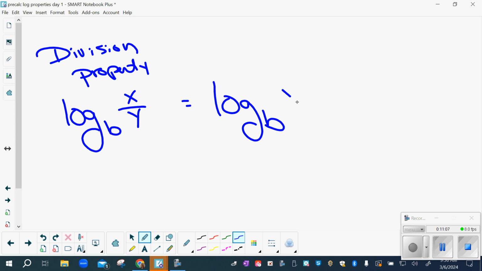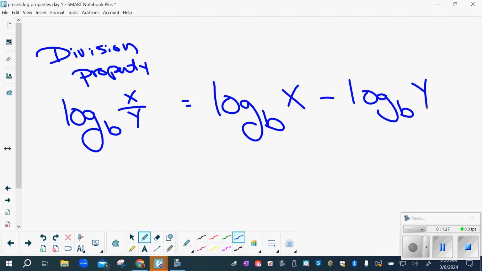Log base b of x, but anything on the bottom is now subtracted: log base b of y. So that's really all the difference between multiply and divide. If it's on the top, you're going to be adding, and if it's on the bottom, you're going to be subtracting.